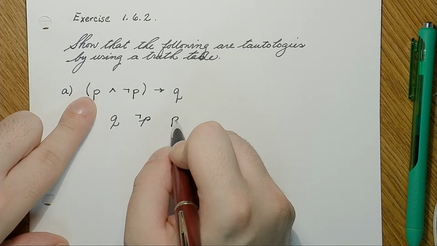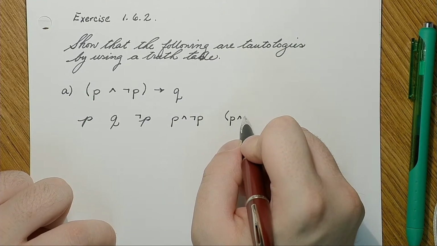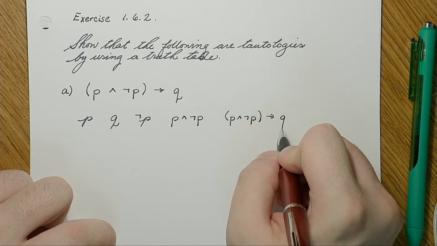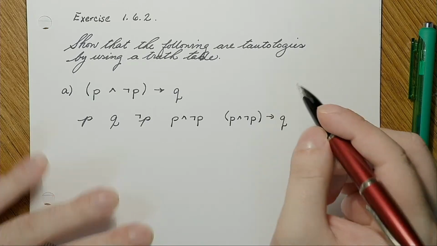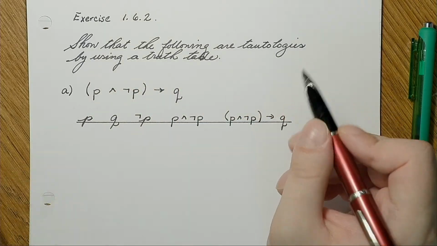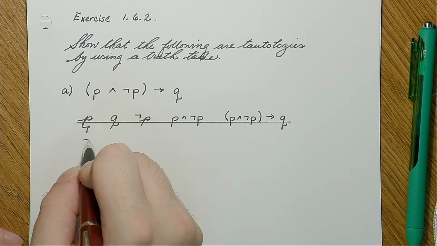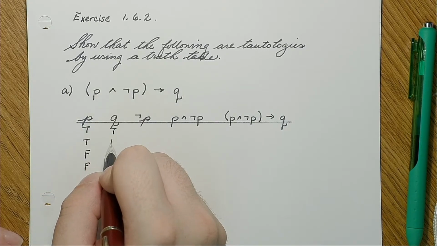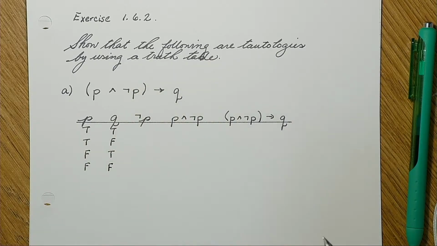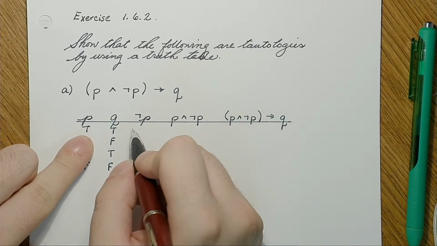Then I'll do the P and not P. And then lastly, I'll do the P and not P implies Q. Just writing out my usual enumeration of truth values for P and Q.